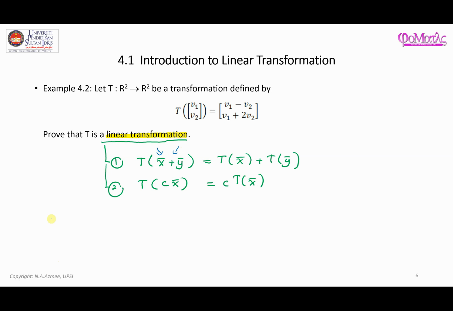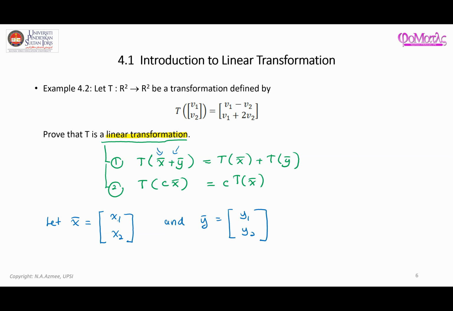So we're going to define x, so let x be equal to x1 and x2. So you can see the resemblance of this one with what is given here. Okay, and we're going to let y equal y1 and y2.